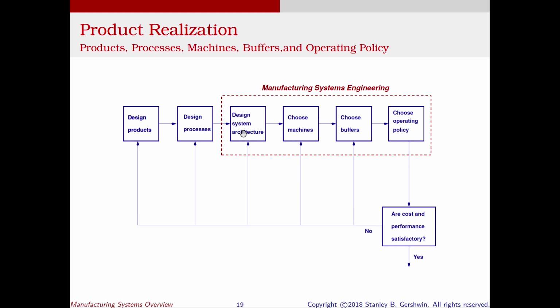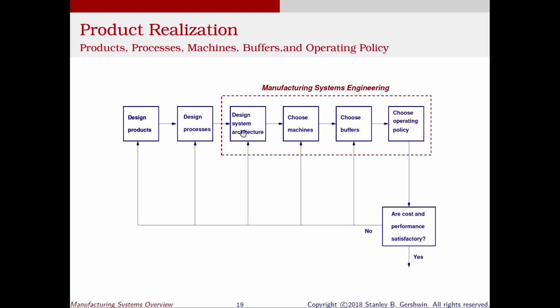This diagram shows the relationship between manufacturing systems engineering and other aspects of manufacturing. To bring a product from a designer's idea to something useful that you can sell takes a lot of steps. First of all, somebody has to design the products. Then somebody has to design the processes by which you make the products. Then you have to think about the manufacturing system.